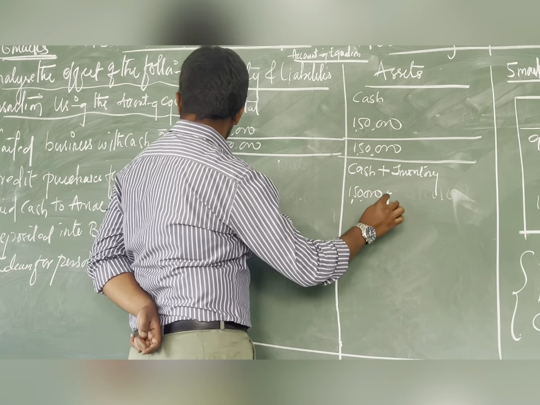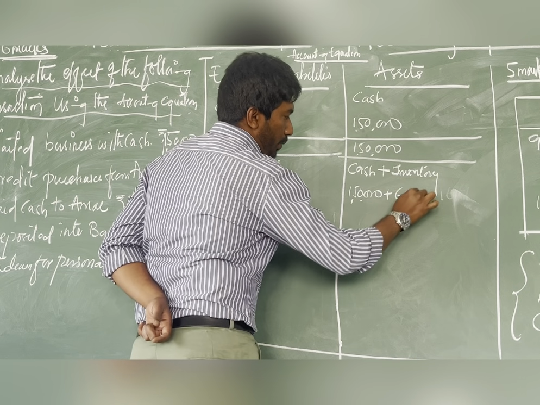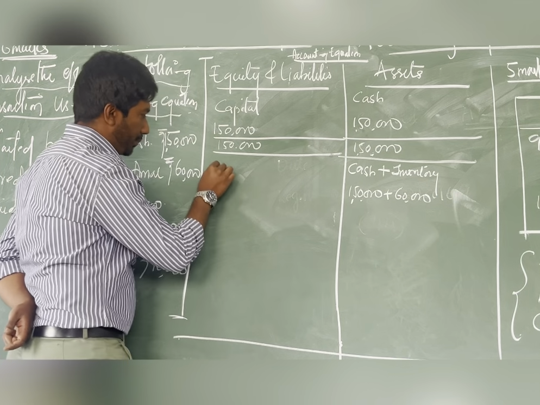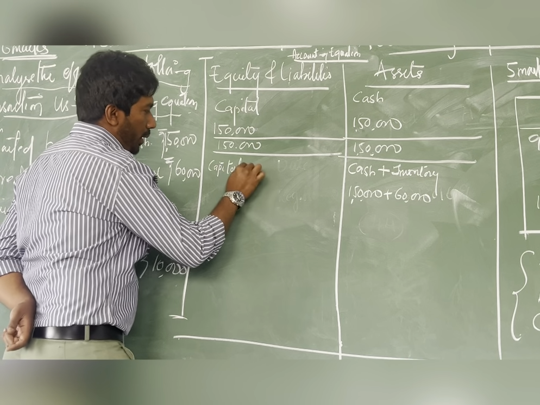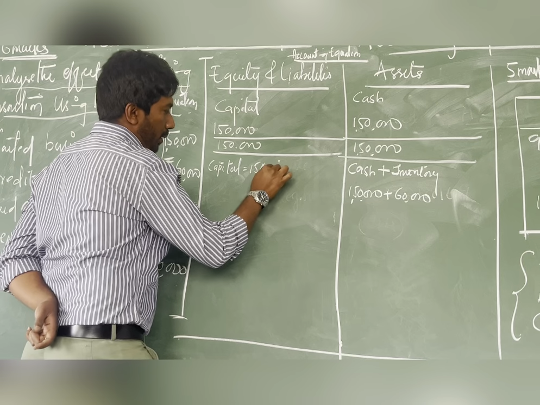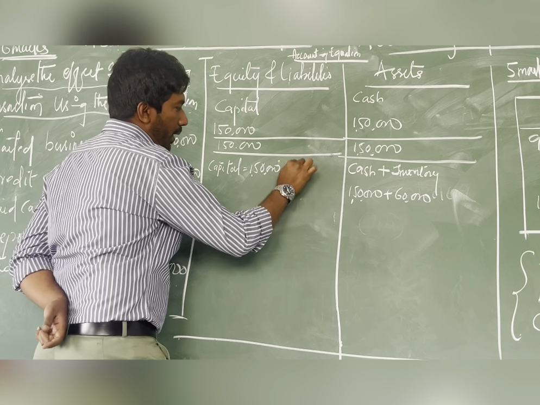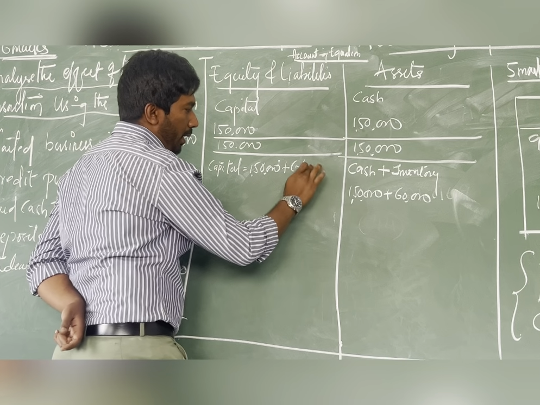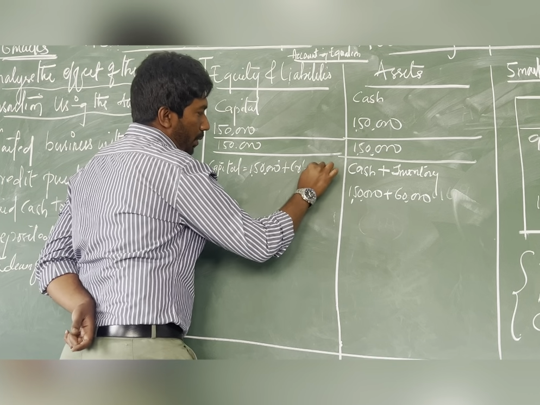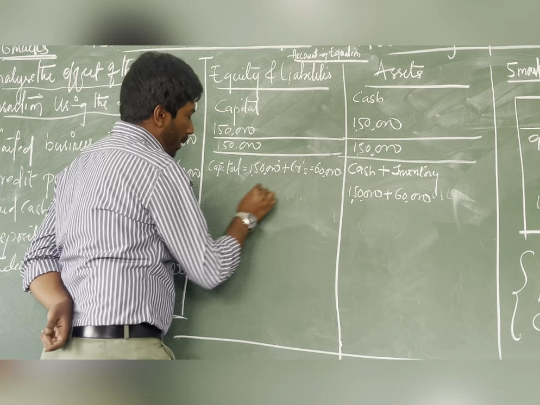Cash we already have is 1,50,000, and we have purchased inventory worth 60,000. Here we already have capital worth 1,50,000, plus we have creditors because it's a credit purchase. Aman is a creditor, so creditors equal 60,000.